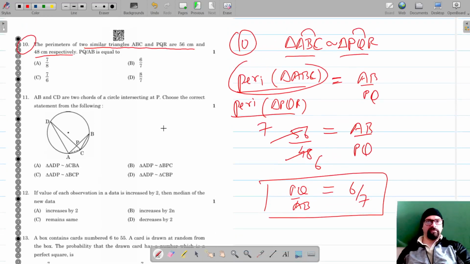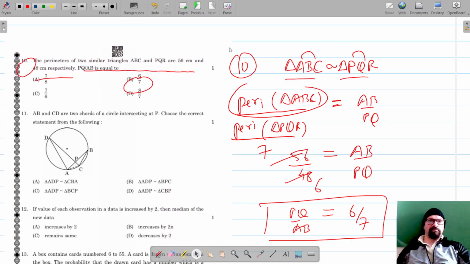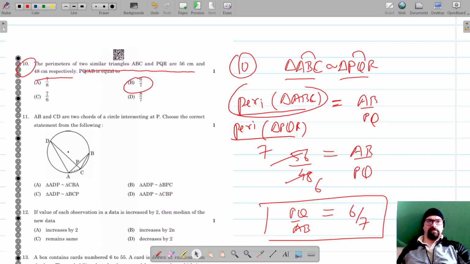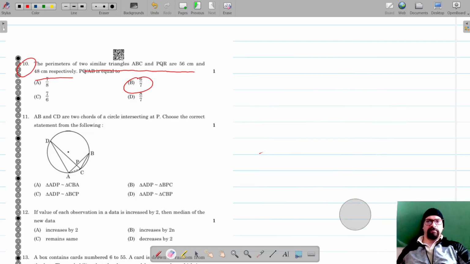Taking the reciprocal, 6 by 7, B is the correct option for this question. Okay, moving on to the next question, question number 11.